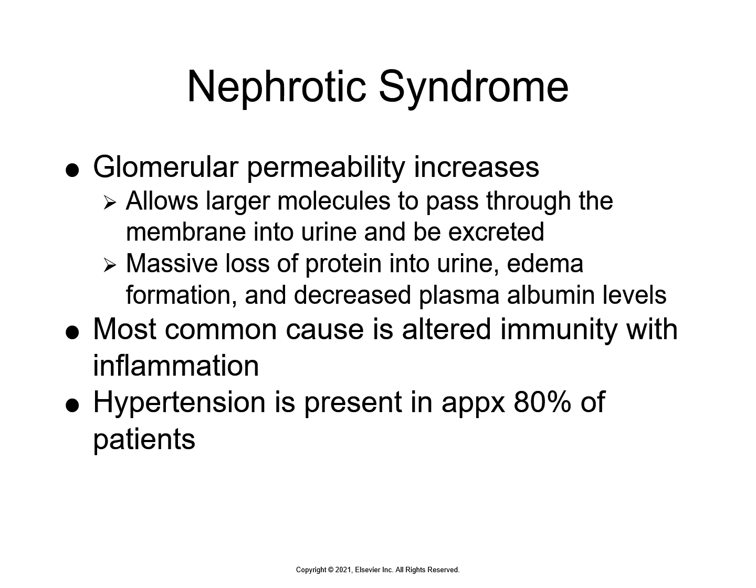So they lose massive amounts of protein into the urine. And when you lose a lot of your protein or your albumin into the urine, you will develop this nephrotic syndrome. It will cause a decrease in the plasma albumin levels, which will cause edema formation. The most common cause is altered immunity with inflammation.